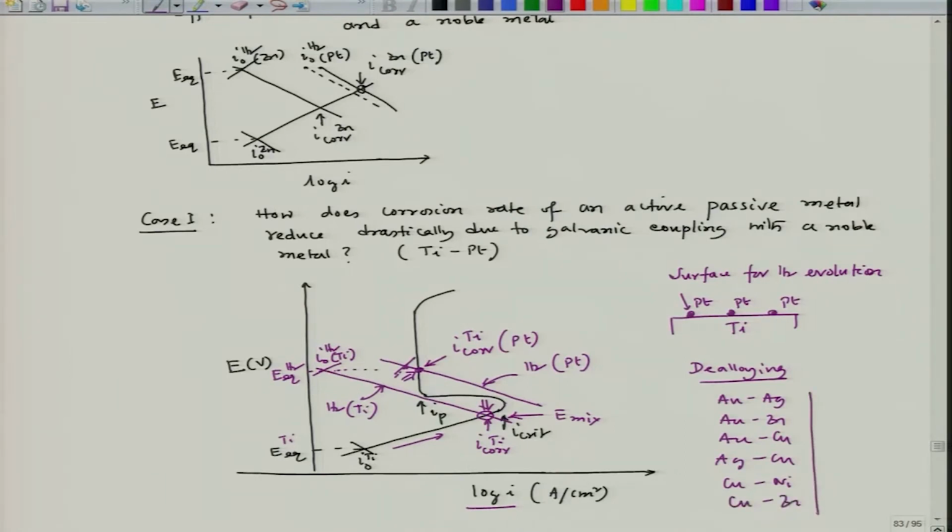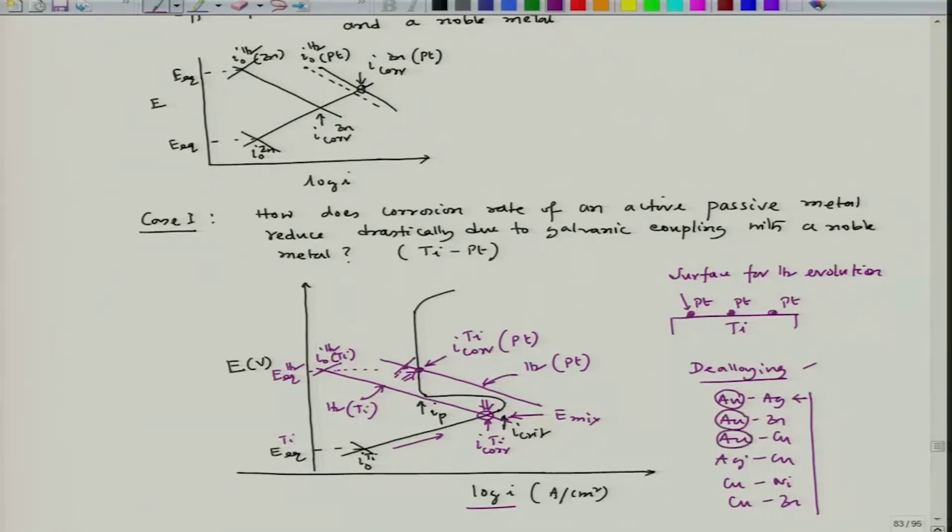We always face a particular phenomenon called de-alloying, where the active component goes to the solution in the form of ions and the surface is enriched with the noble component. For example, in this case surface will be enriched with gold, here also surface will be enriched with gold.